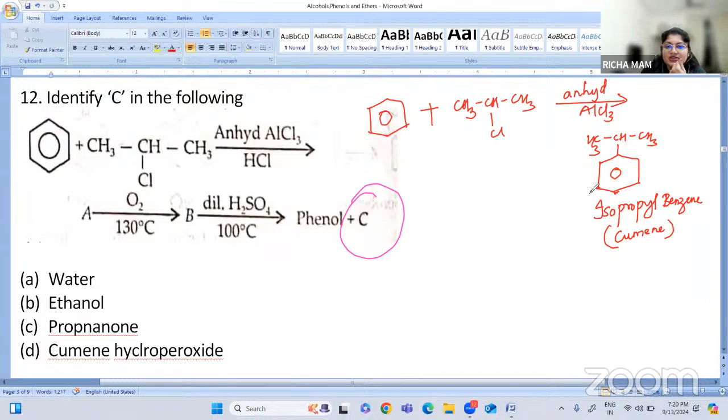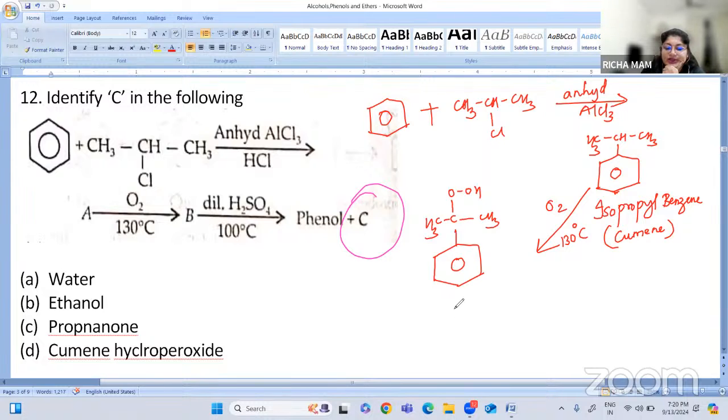Now this cumene, further we are reacting with dioxygen at 130 degrees Celsius. So what will happen? There will be placement of two oxygens. We are going to get cumene hydroperoxide, with CH3 and CH3.